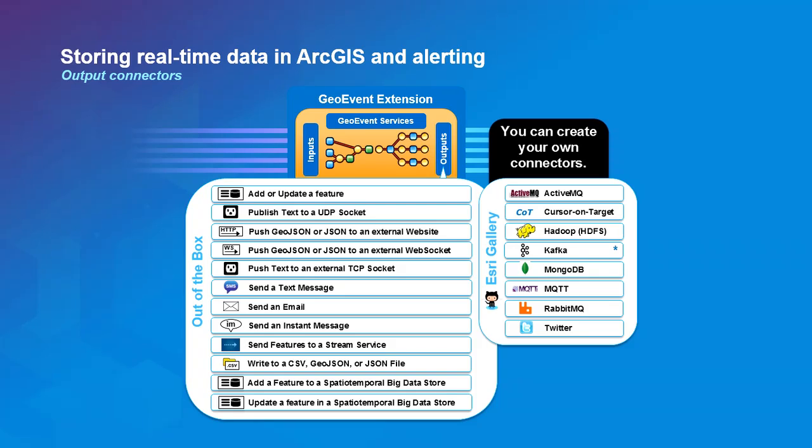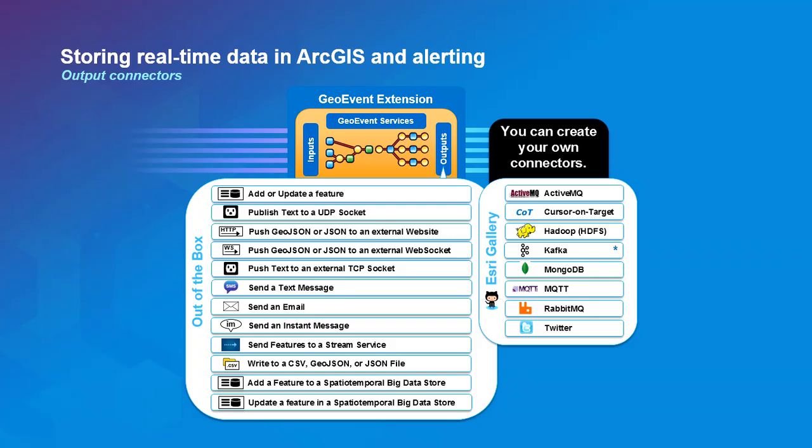You also have the ability to add and update features in a spatiotemporal big data store. So if you're dealing with large volumes of data and you want to archive and store those observations of the real-time data, you can write that out to the spatiotemporal big data store.